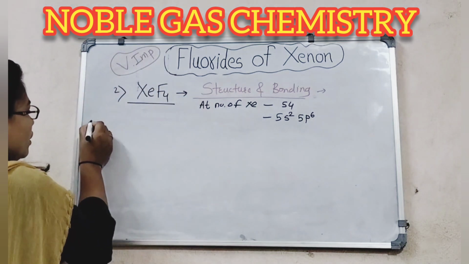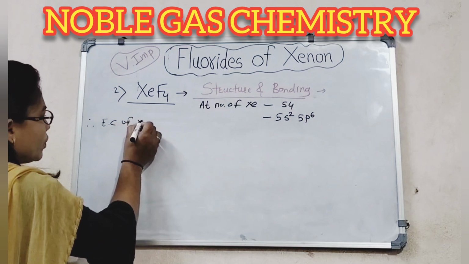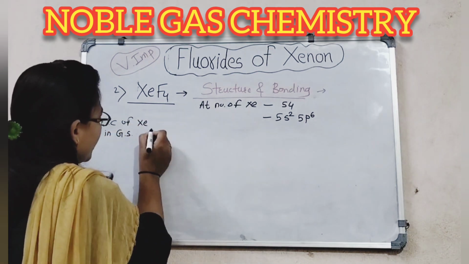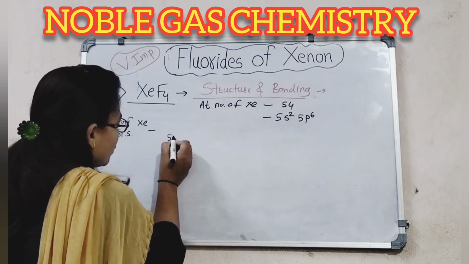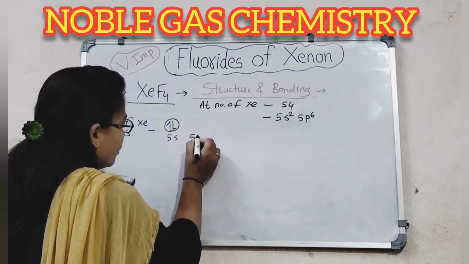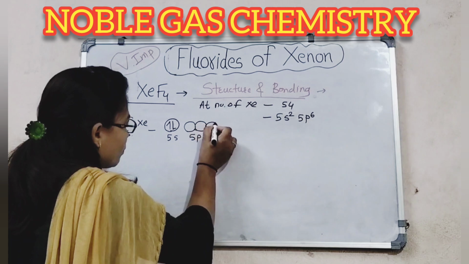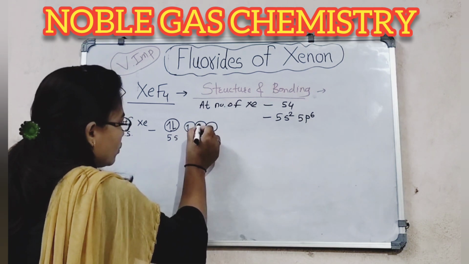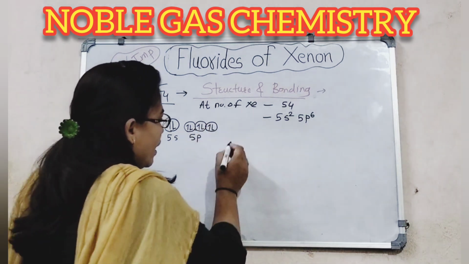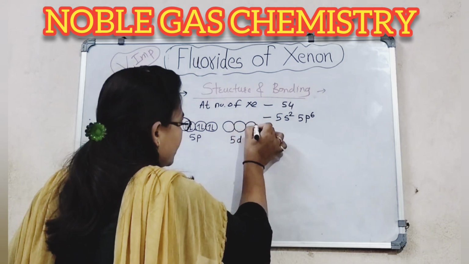Therefore, the general outermost electronic configuration of xenon in ground state is 5s2 and 5p6, 1, 2, 3, 4, 5, 6, and it also has vacant d orbitals.